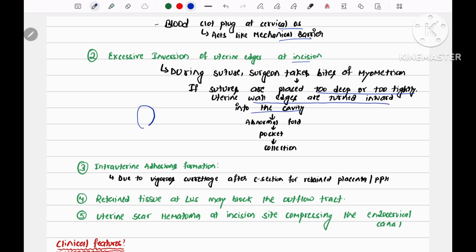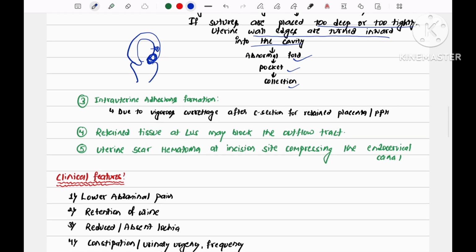Like this is the uterus, and if we take a very deep bite or too tight, then these edges get inverted, and due to this there is an abnormal fold, finally leading to pocket formation, and again there starts collection, due to which hematometra can occur.